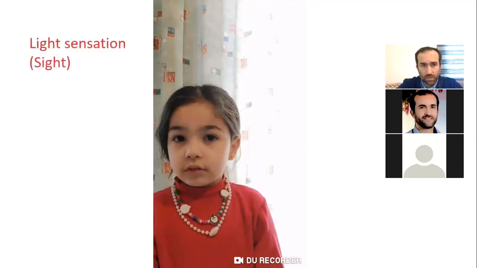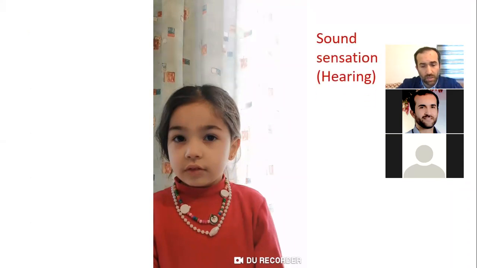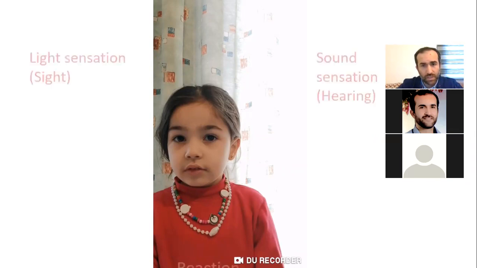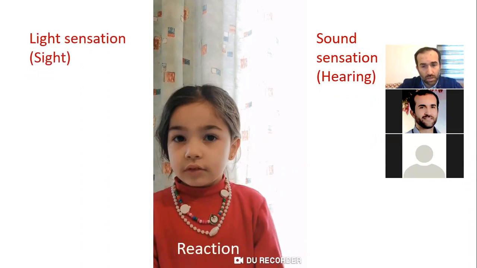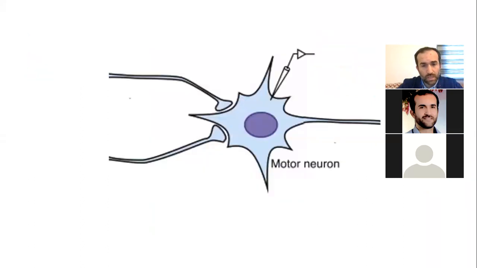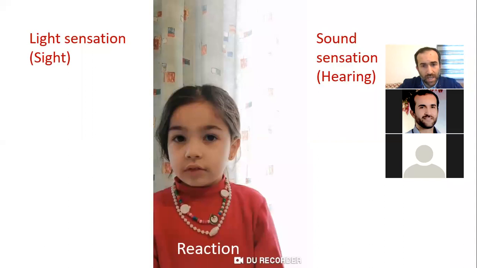The light stimulation alone was not able to force her to make a reaction, and also the sound sensation alone didn't force her to make a reaction. But when both of them are together, the hand that passes in front of her and the sound emitted behind her, we obtain a reaction of eye blinking.